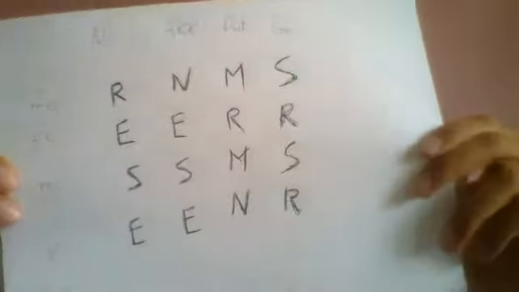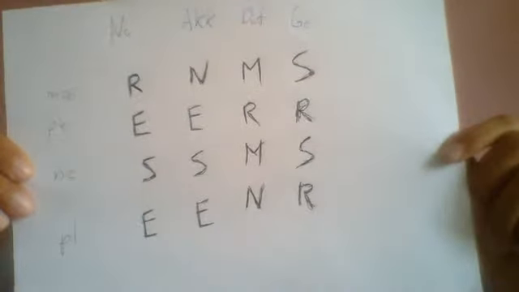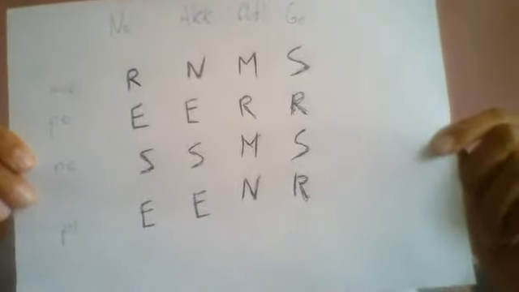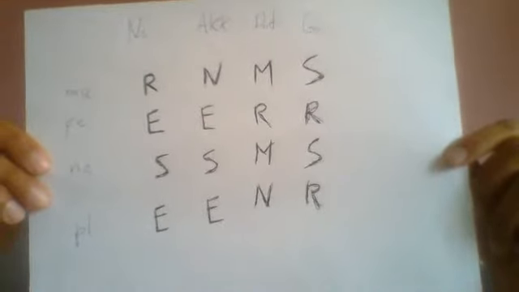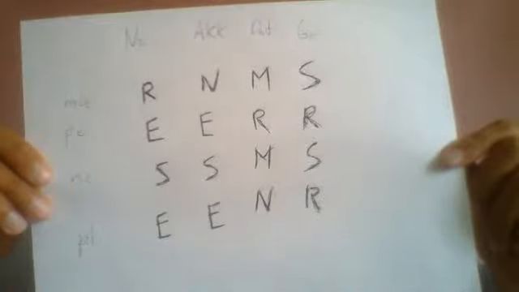Okay. So using them, we got the definite articles. I'll just read them for you again. So you have der, die, das, und die for nominative, the first column. The second column, den, die, das, die.